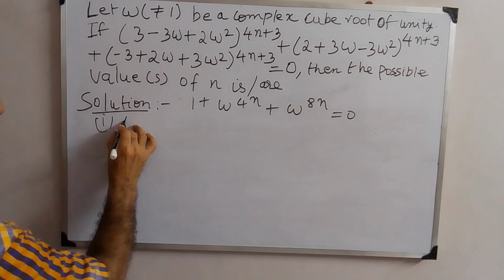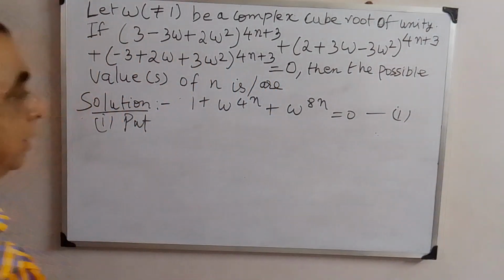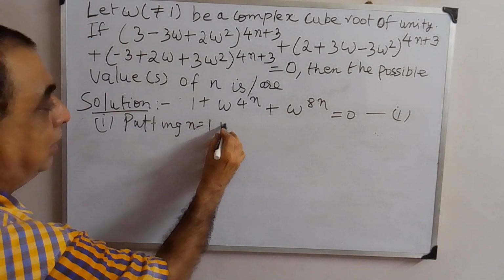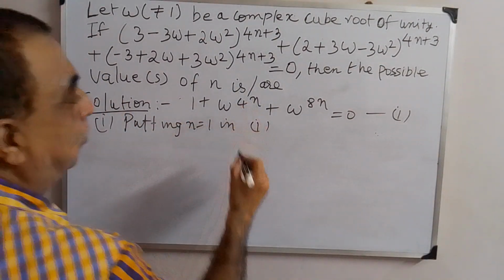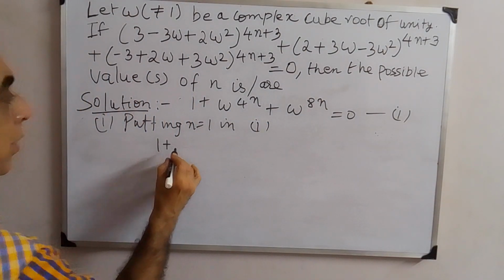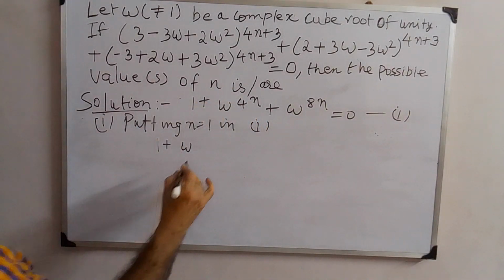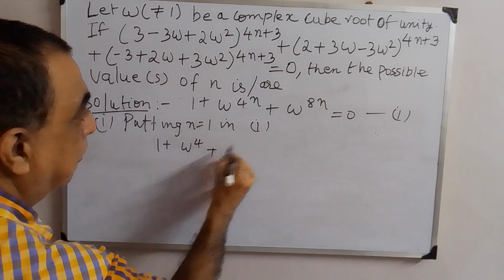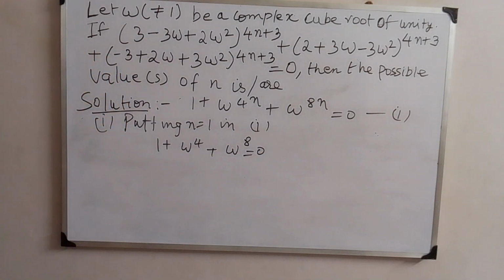Suppose I am writing this as the first equation. So putting n equals 1 in the first equation, I will have 1 plus omega to the power 4, because 4 into 1 is 4, plus omega to the power 8 is equal to 0.